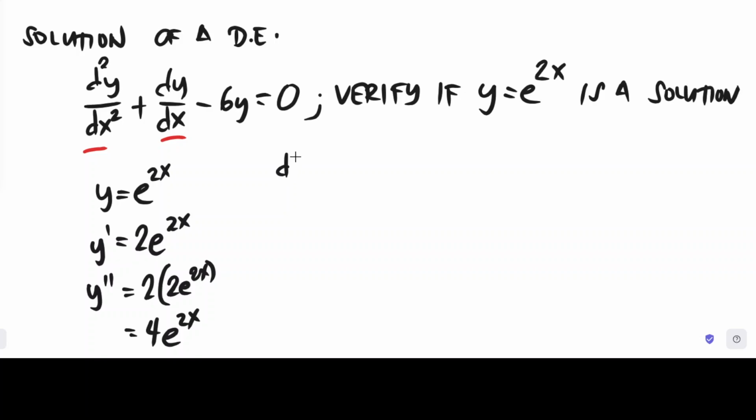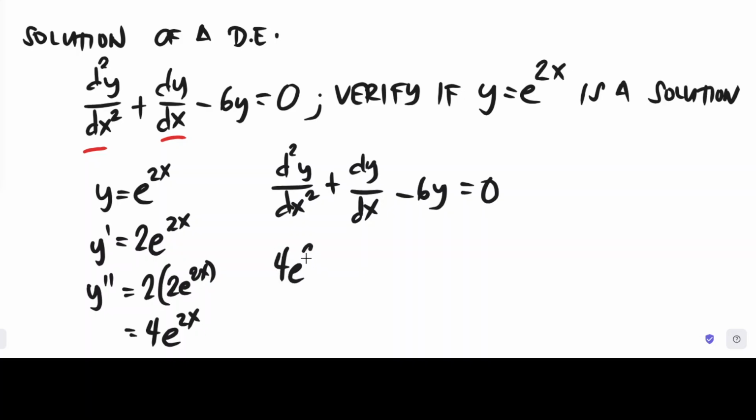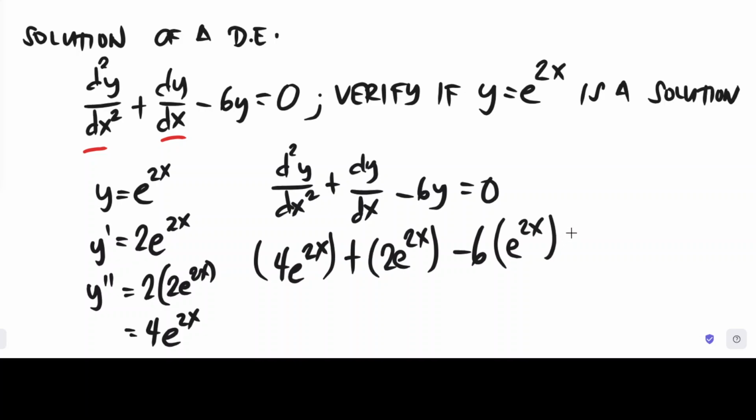So our differential equation is the second derivative of y in terms of x, which is also y double prime, plus the first derivative of y in terms of x, which is also y prime, minus 6y. We substitute y double prime as 4e raised to 2x, plus the first derivative, which is 2e raised to 2x, minus 6 times y, and our y is e raised to 2x, equal to 0.